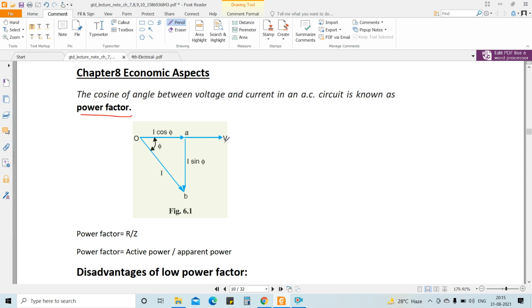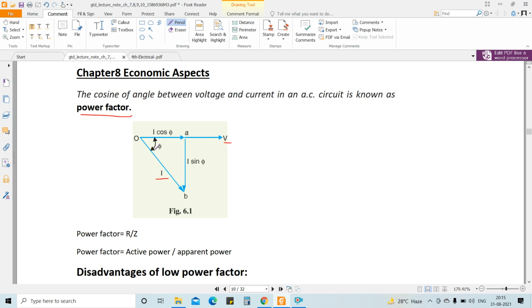This is the voltage phasor, this is the current phasor, and the angle between voltage and current is phi. So cosine of this phi represents power factor.